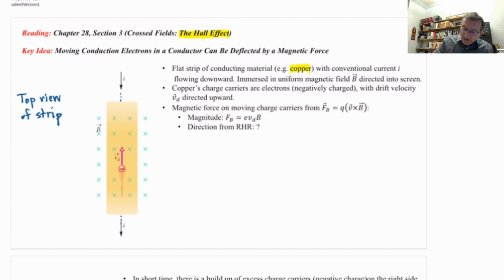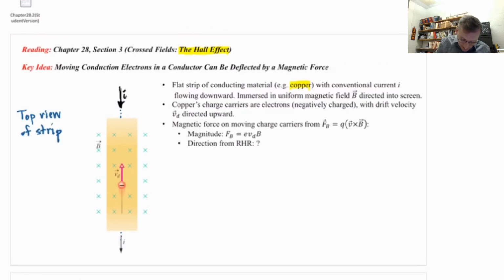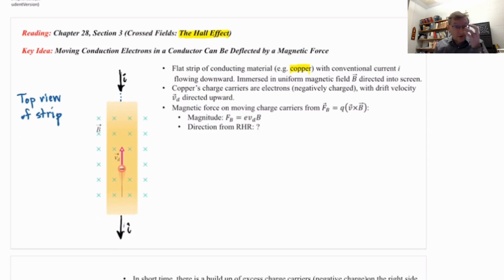Now we have set up, as I said, a conventional current I, flowing as we look down from above in this direction. Okay? Kind of top to bottom, although I'm looking down from above like on a horizontal surface. Okay, so there's conventional current flowing, quote unquote, downward in the plane of the screen.